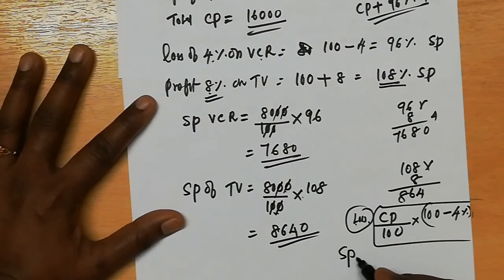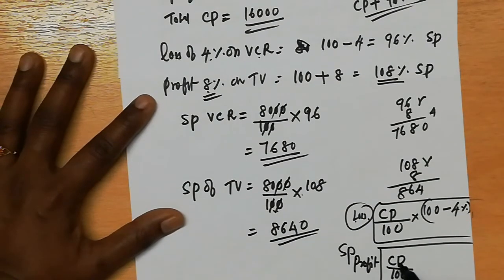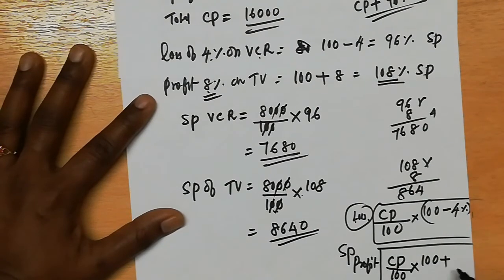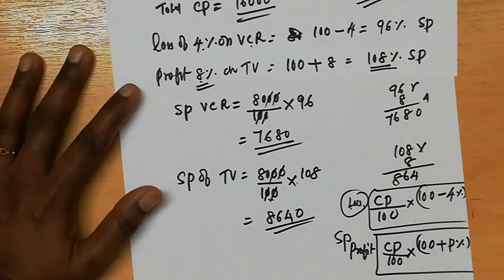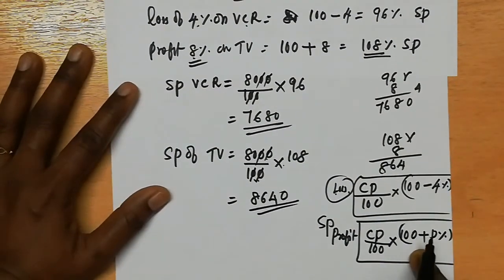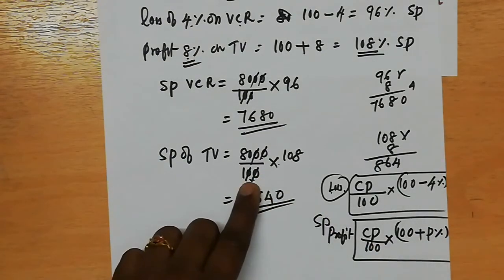In the case of profit, what is the equation? 100 is the cost price. That is cost price divided by 100 into 100 plus profit percentage. This is the equation. Here, 100% is how much?